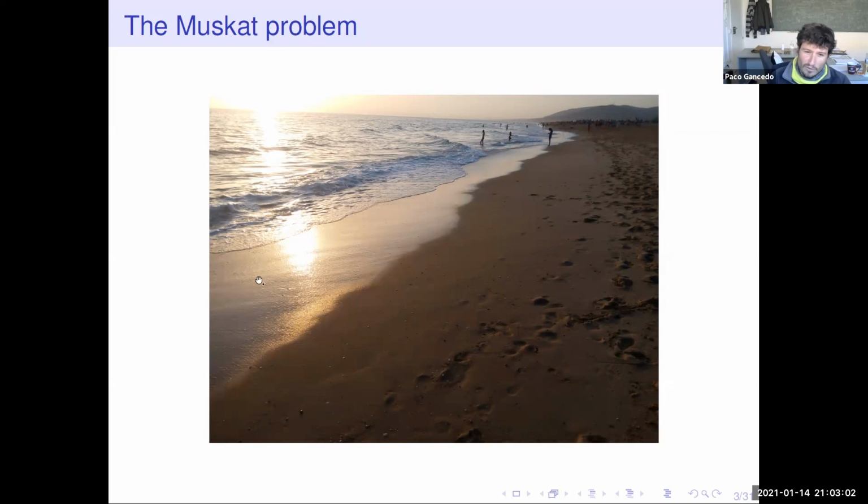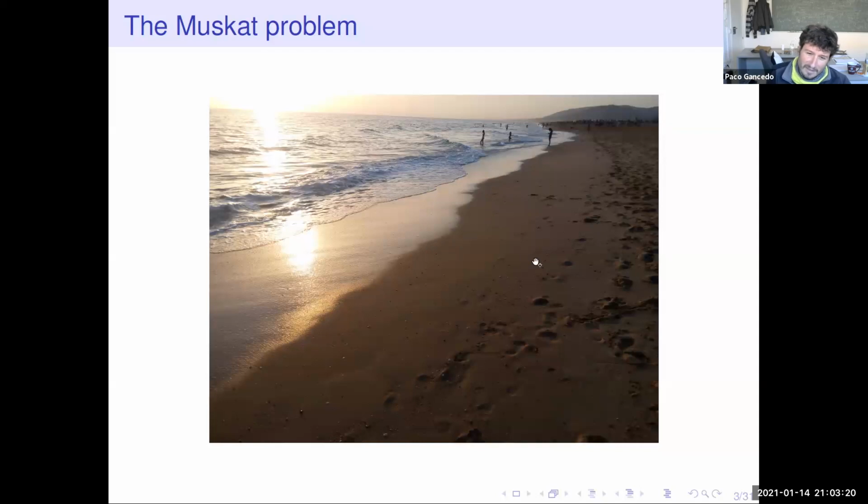We have a moist region here, water filtering in sand, and here a dry region. So I want to understand the dynamics of this interface.